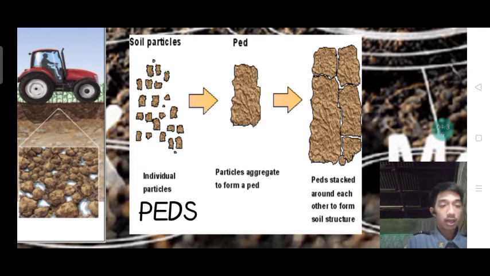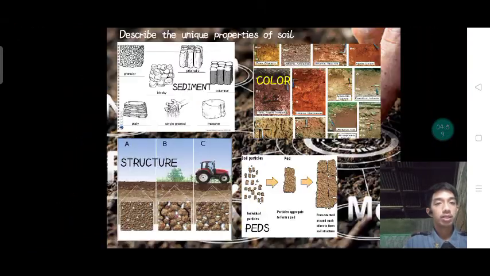Peds is na-form ito due to the cementing agents such as calcium carbonates and attracting the soil particles they adhere to each other para maka-form siya ng blocky peds and platy peds. So ito yung mga unique properties ng soil.